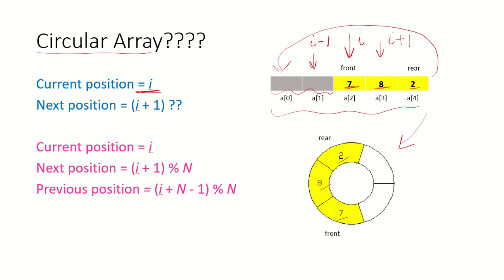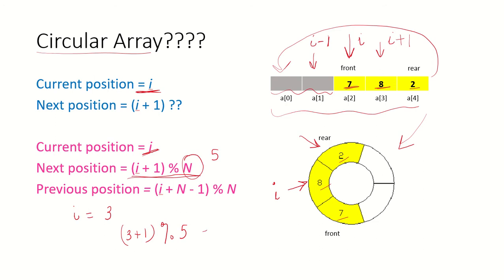What will be the changes in a circular array? In a circular array, if the current position is I, then the next position would be (I plus 1) modulus n. So if we take I equal to 3, then the next position would be (3 plus 1) modulus 5, because n is, in this case, 5.